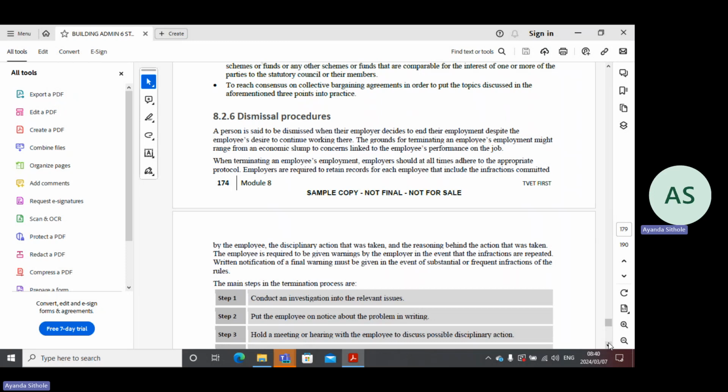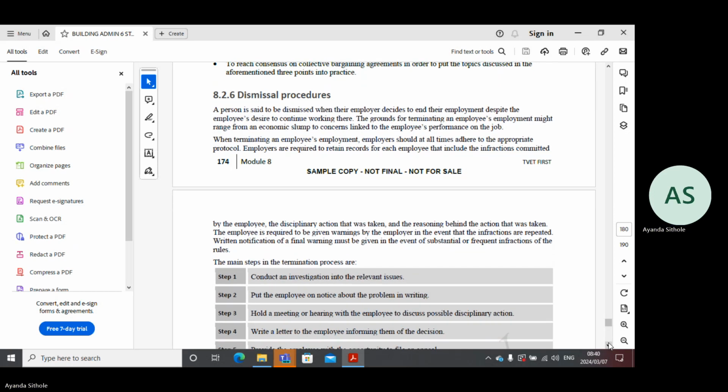By terminating an employee's employment, employers should at all times adhere to appropriate protocols. Employers are required to retain records for each employee that include the infraction committed, the disciplinary action that was taken, and the reason behind the action. So these are the dismissal procedures.